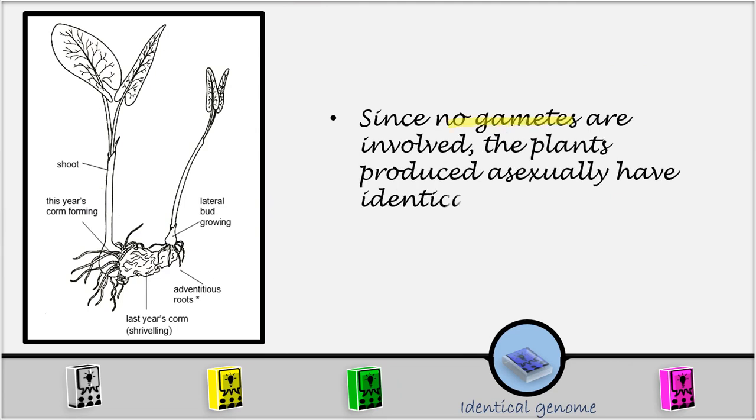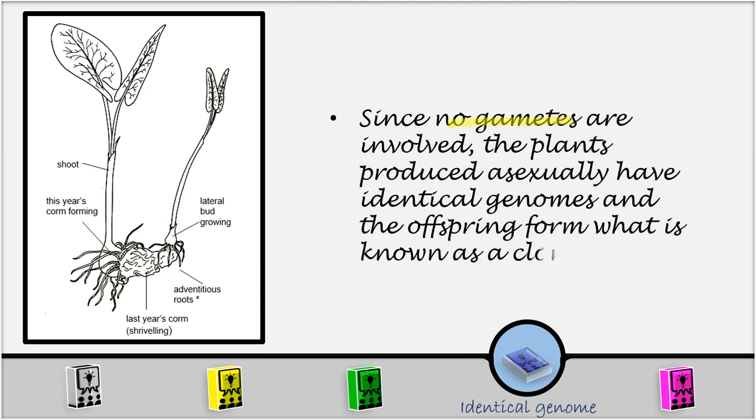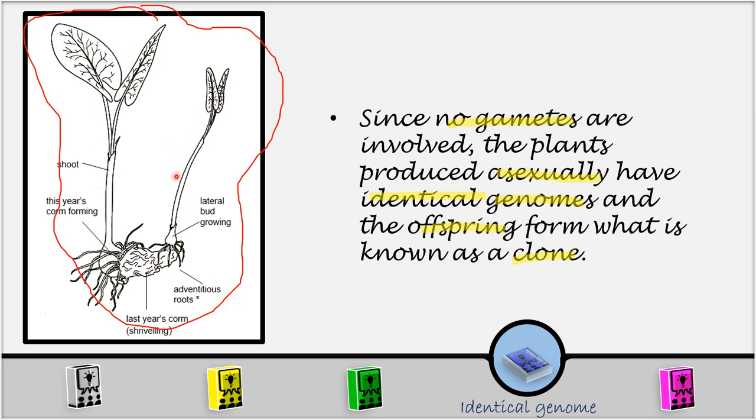Since no gametes are involved, plants produced asexually have identical genomes, and the offsprings form what is known as a clone. Now, let's look at our plant here. These plants, when you look at them, this one and this one, have been produced by asexual reproduction.